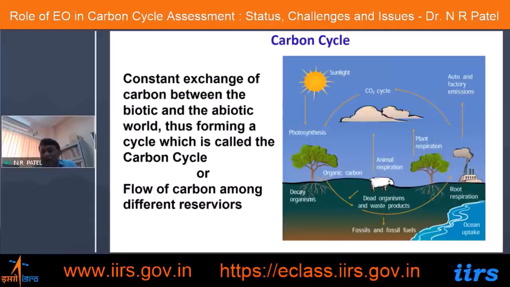So let us start understanding from the sun how this carbon cycle happens. One of the most significant components that drives the carbon cycle at the Earth's surface is the sun's energy. The sun provides energy in the visible wavelength, the photosynthetically active light, which is useful in photosynthetic processes.